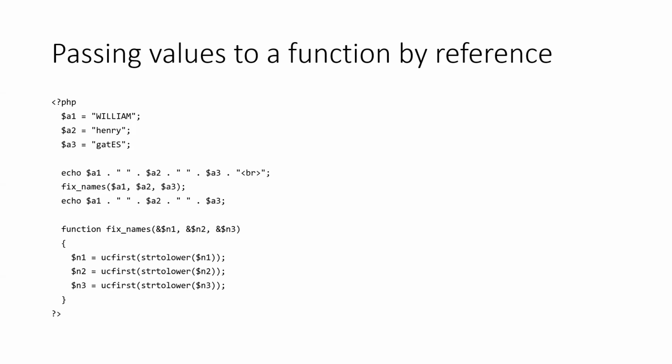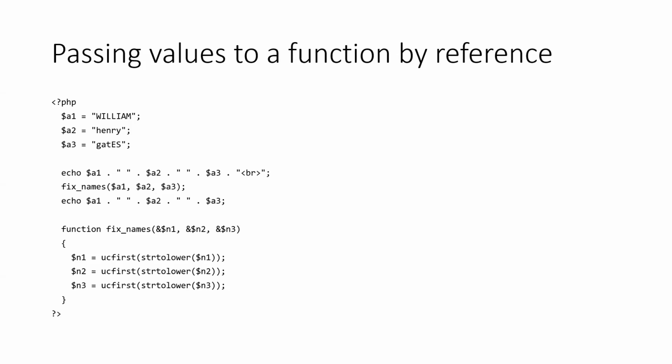Next, passing values to a function by reference. In this particular example you can see the same three names are there, but this time we will use them as three variables, A1, A2, and A3. First you print the names as they are, you fix the names, then you print again.